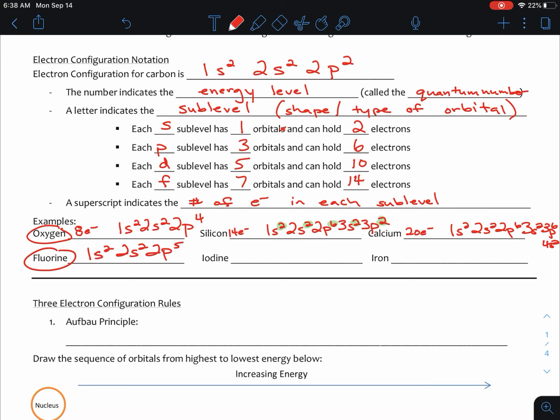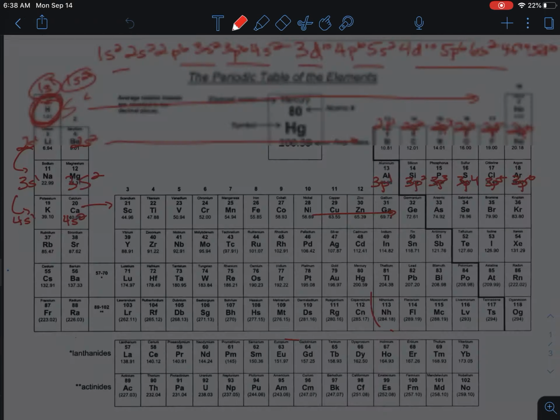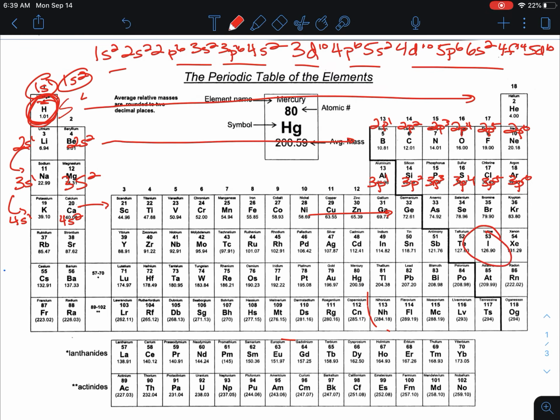Iodine has 53 electrons. If we're just working our way down the periodic table, we can find iodine down here, 53.